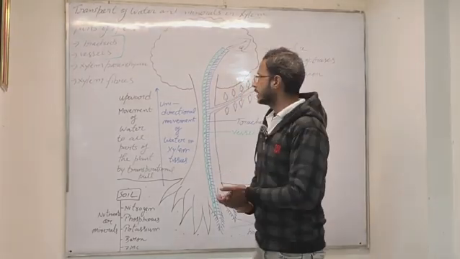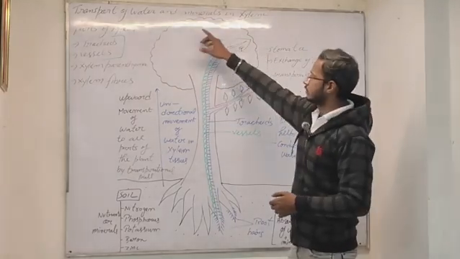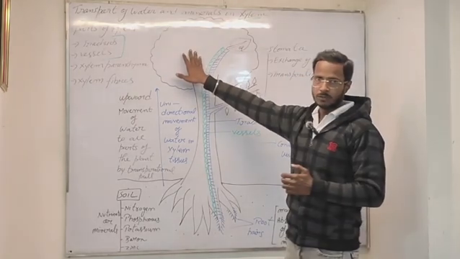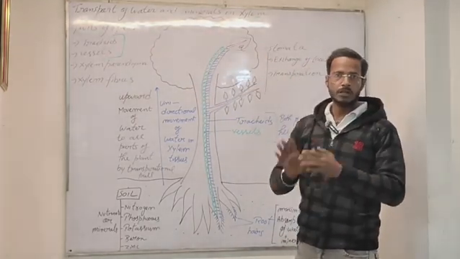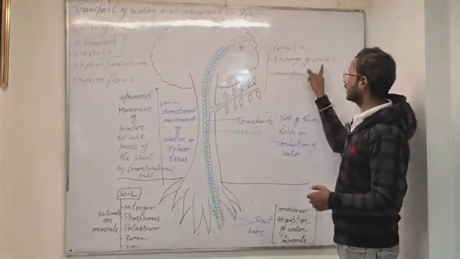So first, we have to understand that in a tall plant, all the leaves are green. The green leaves have stomata. Stomata have two functions. First, exchange of gas.